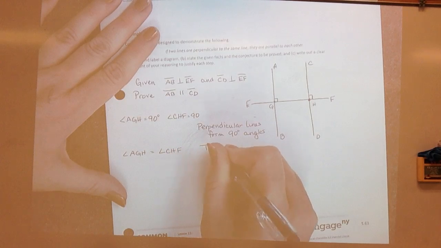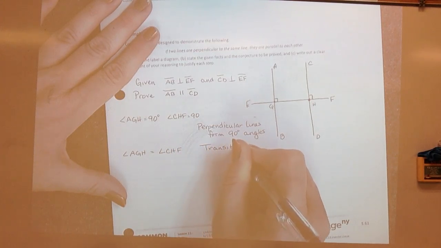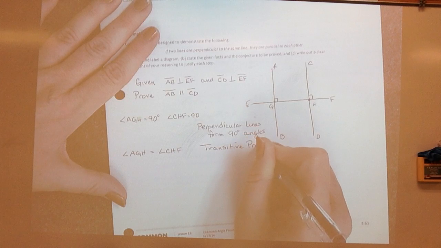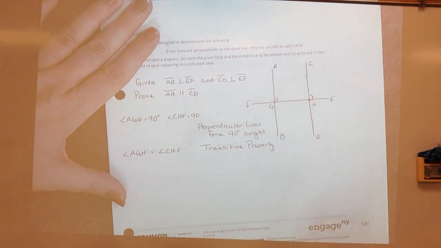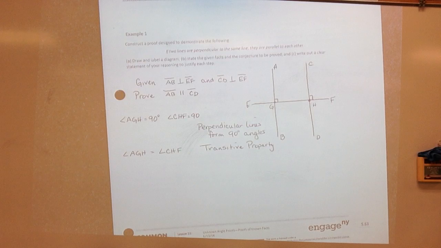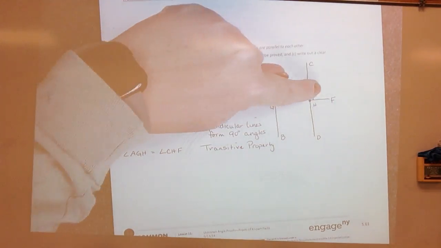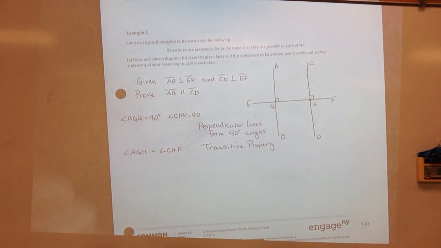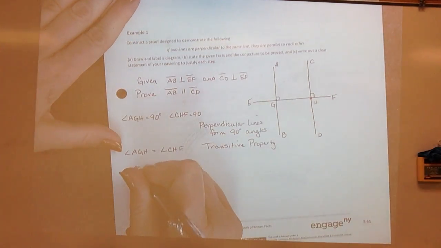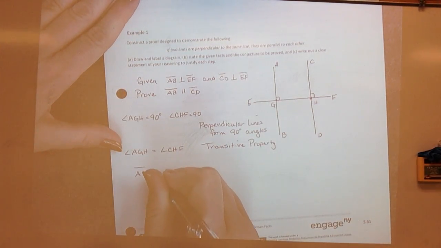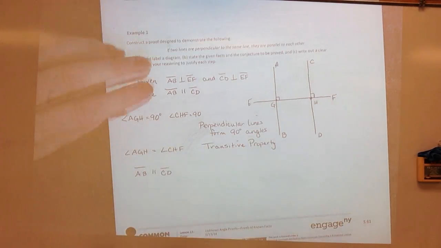And that is a property of the transitive property. Okay? Since they're both 90 degrees, I'm going to say they're equal. They both have the same measurement. Now look, since they're both 90 degrees and since they're both equal, they are what kind of angles? They are corresponding angles. So because I have corresponding angles, I can prove that AB is parallel to CD.